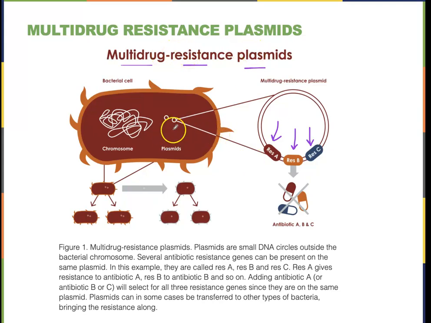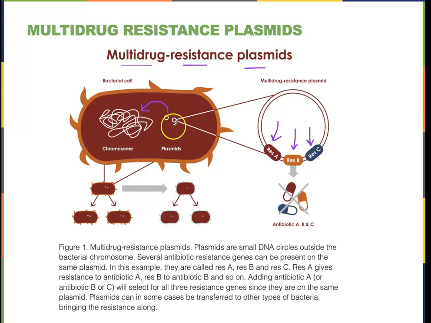And it's scary that this multi-drug resistant plasmid can then be shared with other bacteria through the ways we just talked about: conjugation, transformation, and transduction. In this picture, we have the bacterial chromosome, which is separate from the plasmids. Plasmids are usually in the cytoplasm, although sometimes plasmids can get incorporated into the genome.